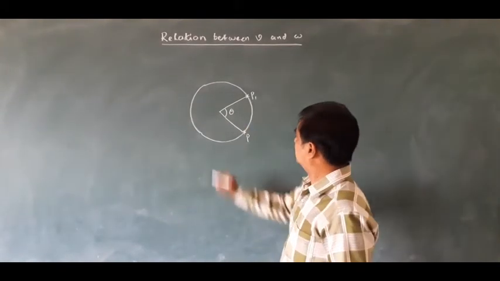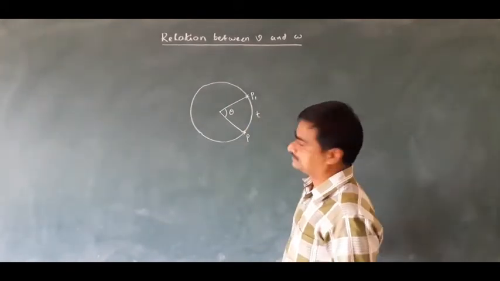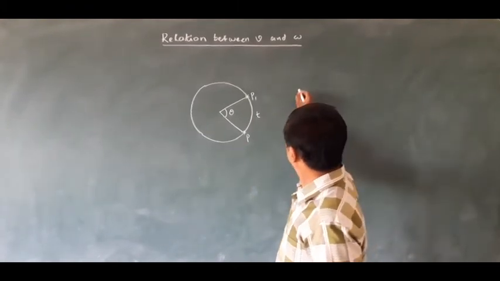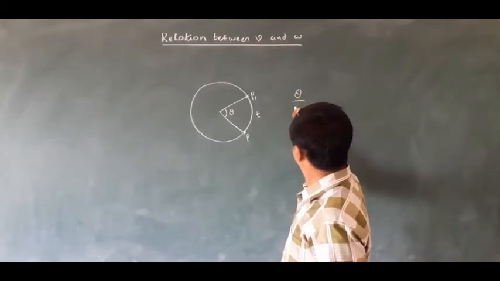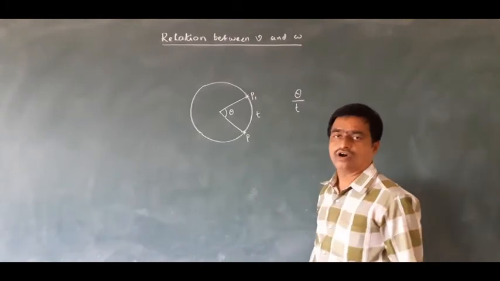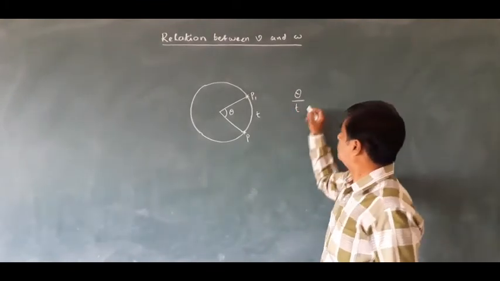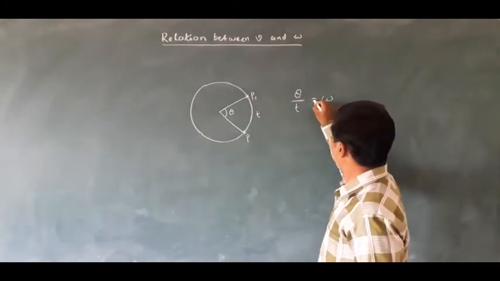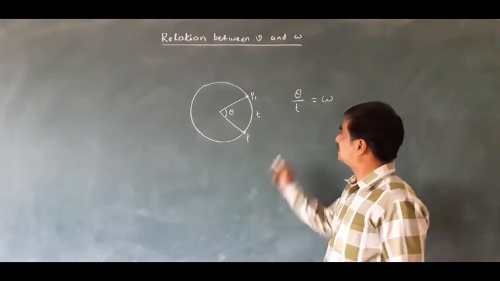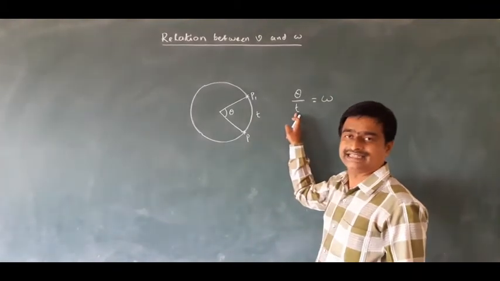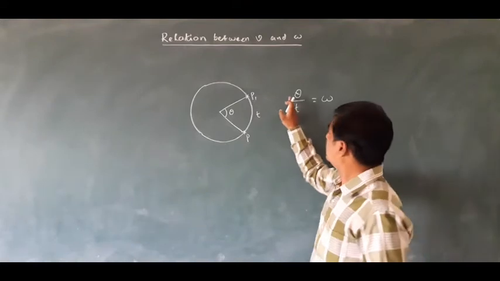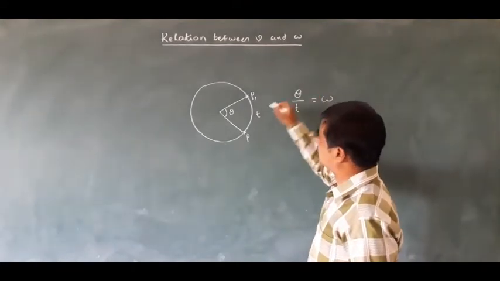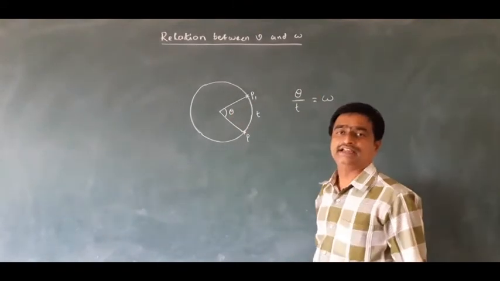If it takes t time, then the angle made with respect to time, we call this angular velocity. Angles are dependent on time.